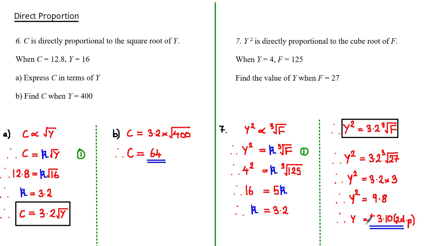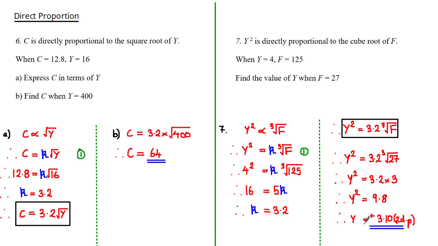Now we have to be careful here, because when we take the square root of a value, you're normally advised to use the positive and negative version of that value. Now, assuming we took both the positive and negative version of this answer, what we're saying is that for a positive value of y equal to 3.10 rounded to 2 decimal places, we get f equal to 27.